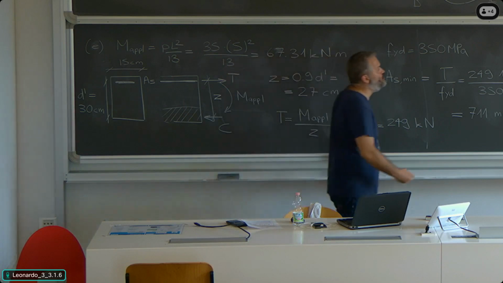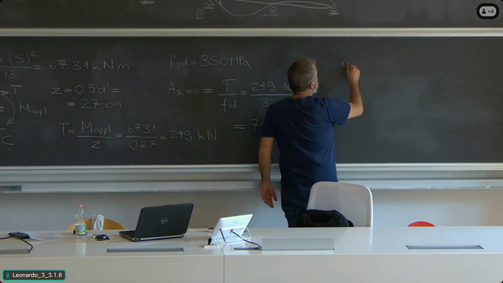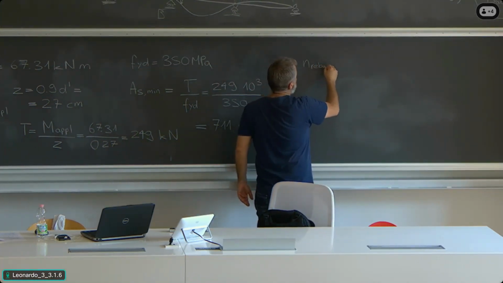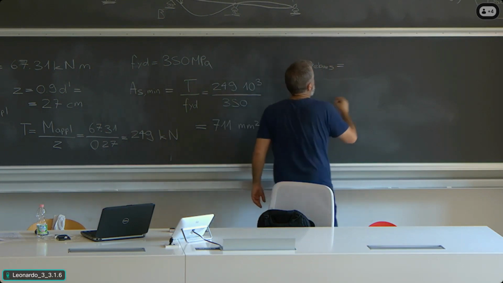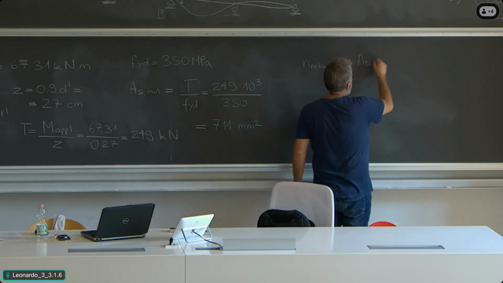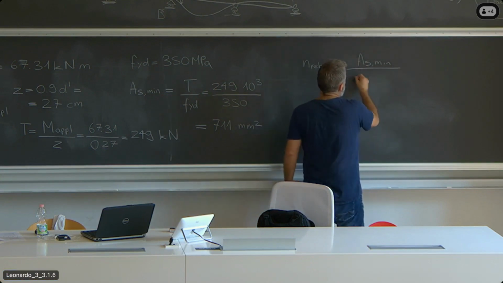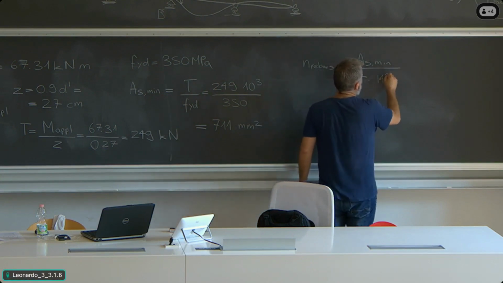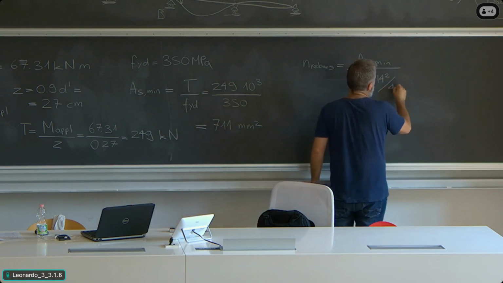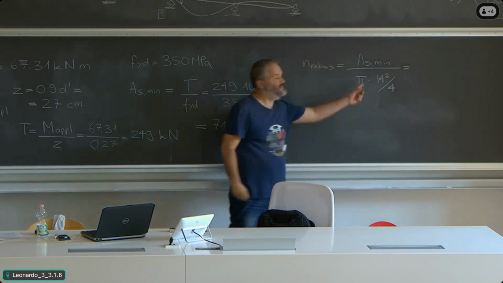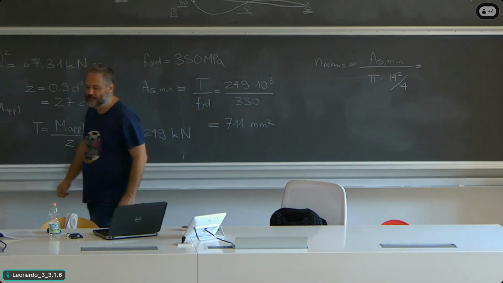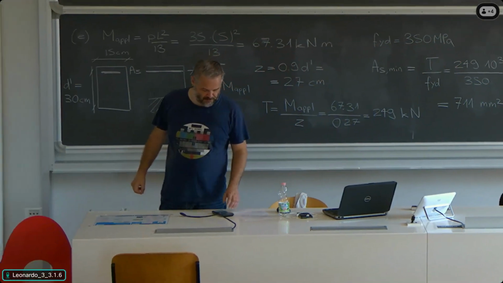So what I'm going to do is work out the number of rebars by dividing AS minimum by pi times 14 to the power of 2 divided by 4, which is basically the area of one 14 millimeter rebar. Okay?